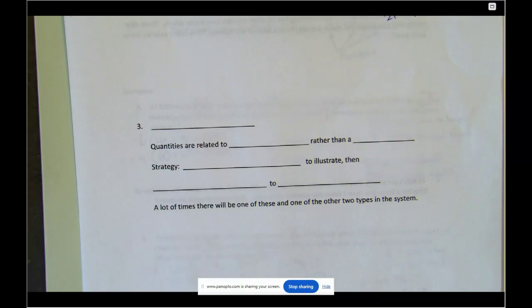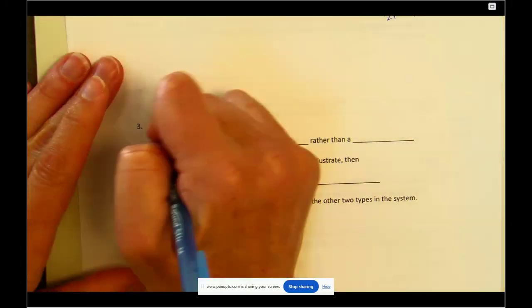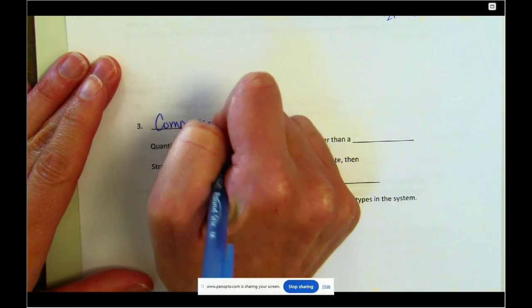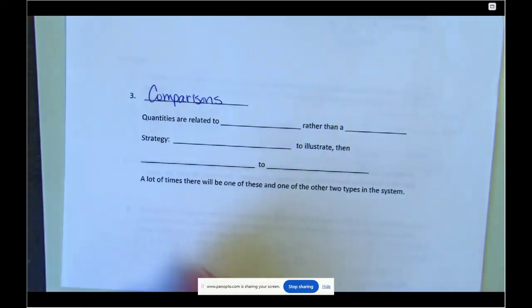Okay. So the last one is about comparisons. And when we talk about comparisons, remember, you're comparing. That's not a good definition. My English teacher always said you can't use the same word in the definition. Like I'm defining comparison, you can't use the word compare in the same sentence.